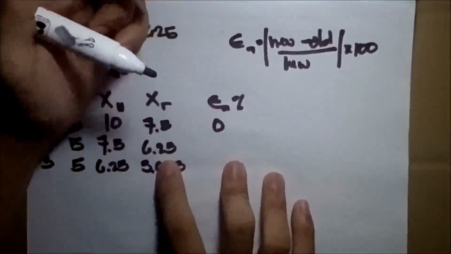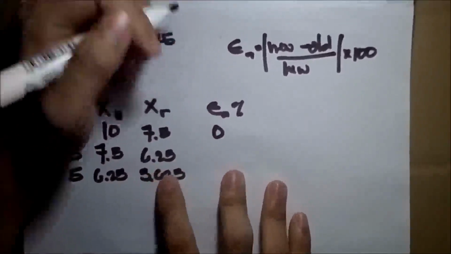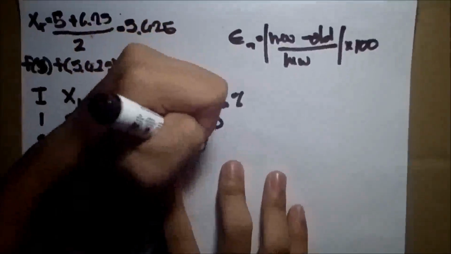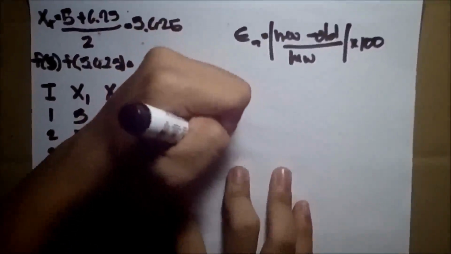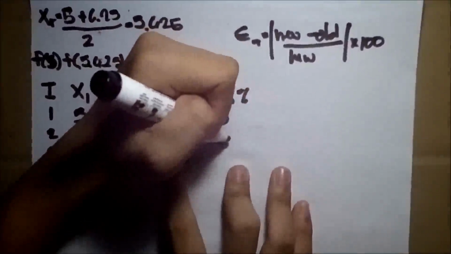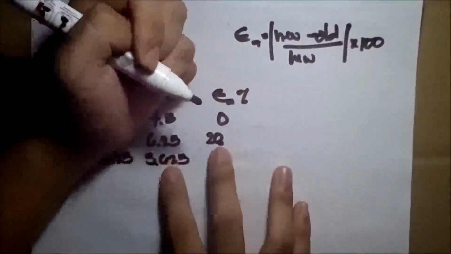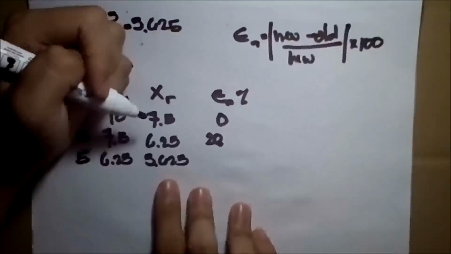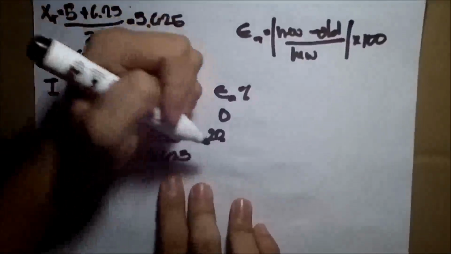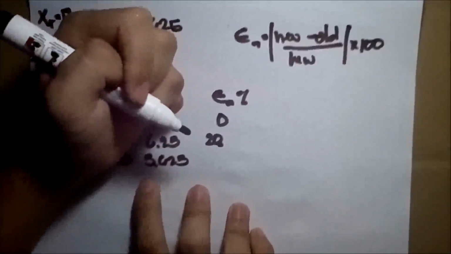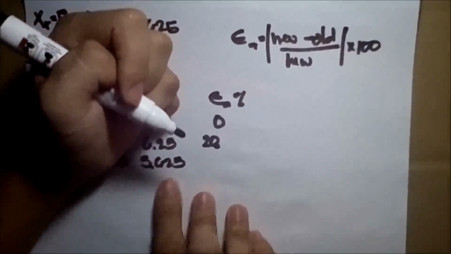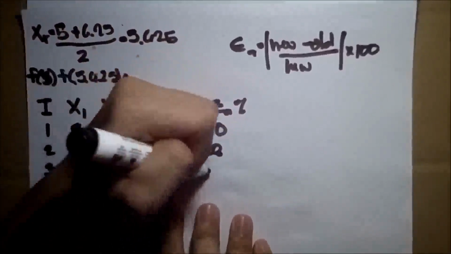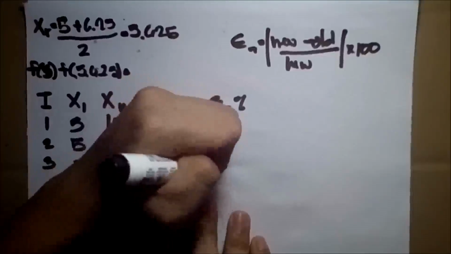In the next iteration, the approximate relative error will be 20%. In the third iteration, the approximate relative error equals 11.11%.